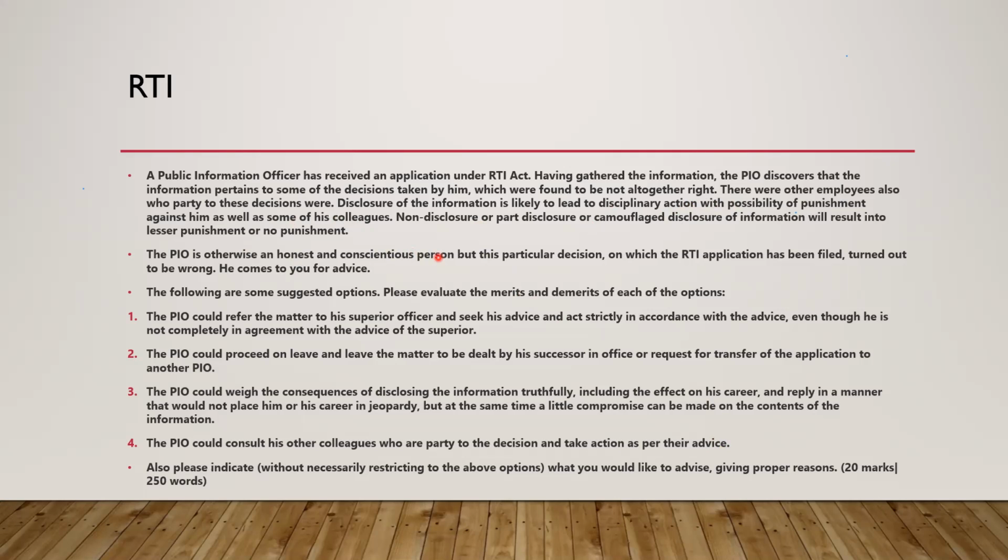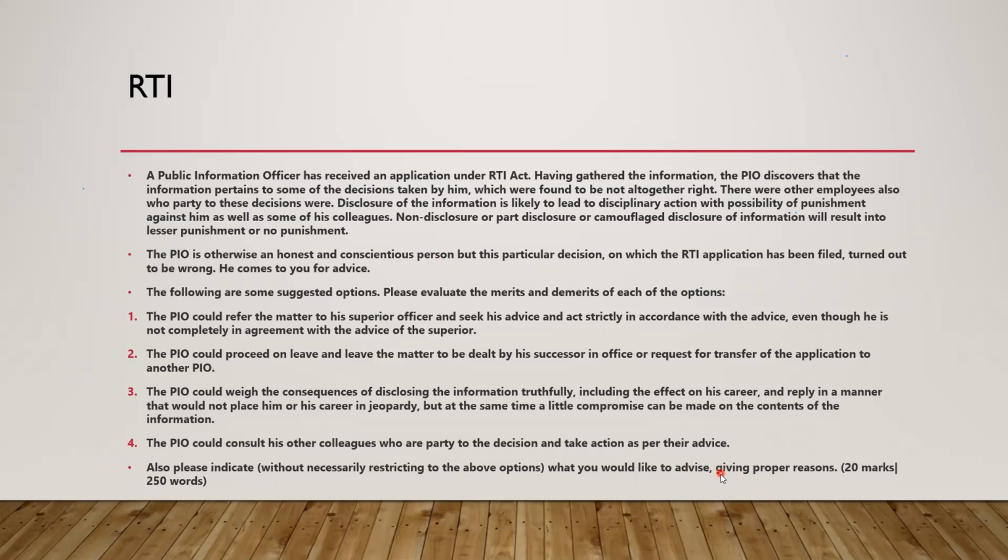In that disciplinary inquiry, you can put your point of view: why such things were being done, why that decision was taken, and why it is not as per law or anything else we can say. So in the end, indicate what you would advise, giving proper reasons.